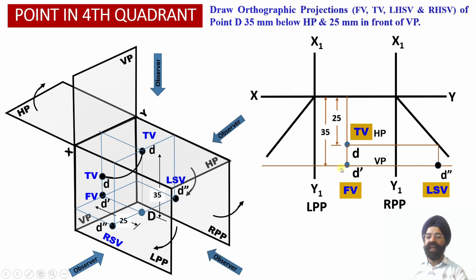Similarly, in order to obtain the right hand side view projection onto the left profile plane, once again through point D we are going to draw a horizontal projector line into the left profile plane and extend this horizontal projector line to intersect with this transfer line, so that this distance will be equal to 25 millimeter from the vertical plane.